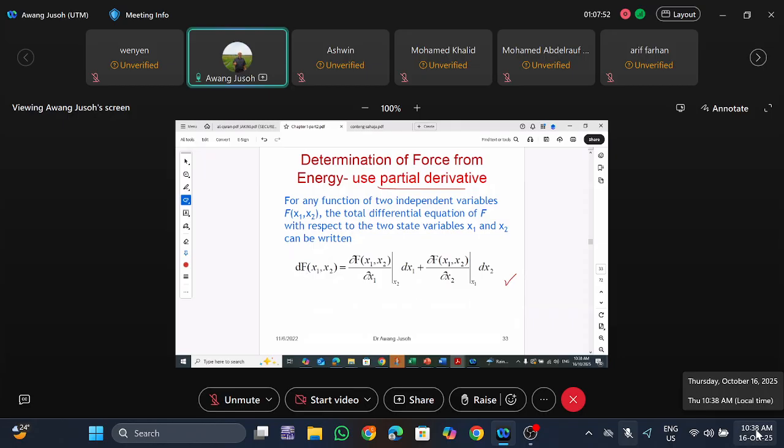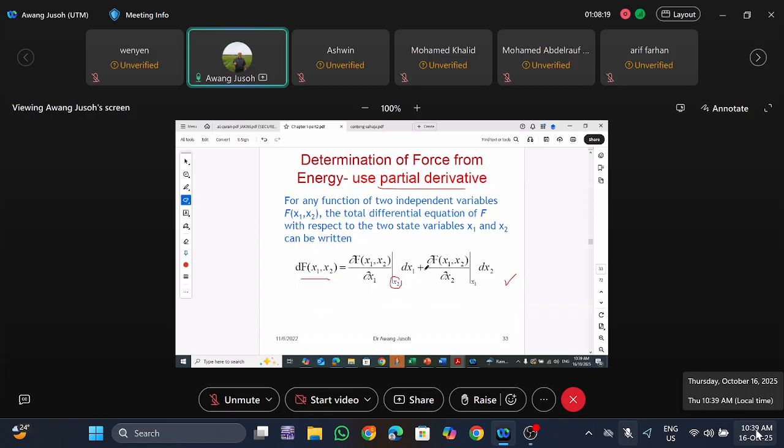This is the general formula. The differential of the function f can be determined by the partial derivative of the function with respect to x1, while doing that x2 must be constant. You have two variables, x1 and x2. When you take the partial derivative for x1, x2 must be constant.